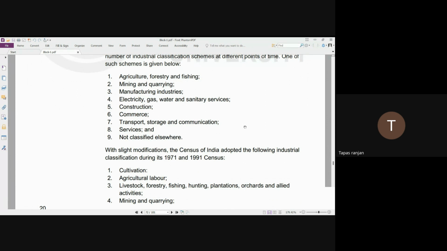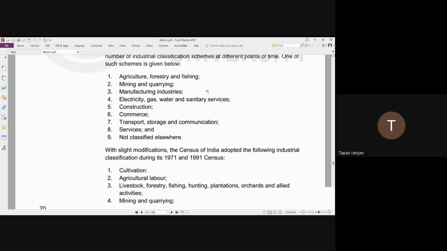Even manufacturing industries. So mining and quarrying activities, all these are basically your primary activity, while manufacturing is basically your secondary activity. Then you have commerce, construction, different types of services, transport, storage and communication and other services. All these are classified as the tertiary activity.